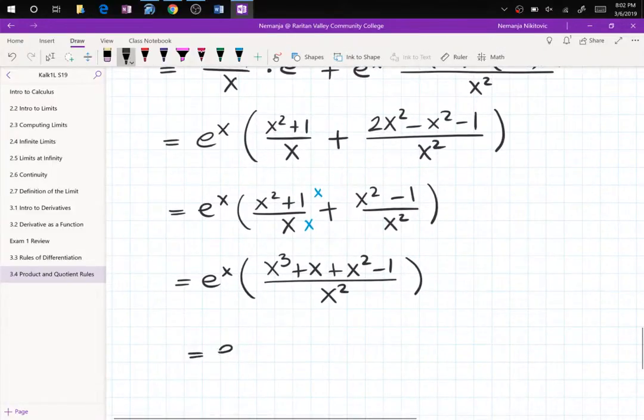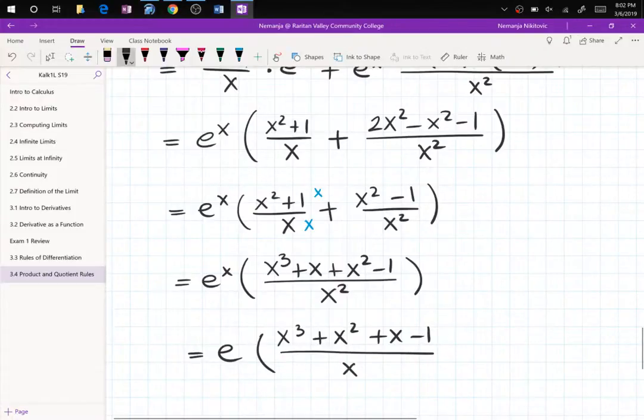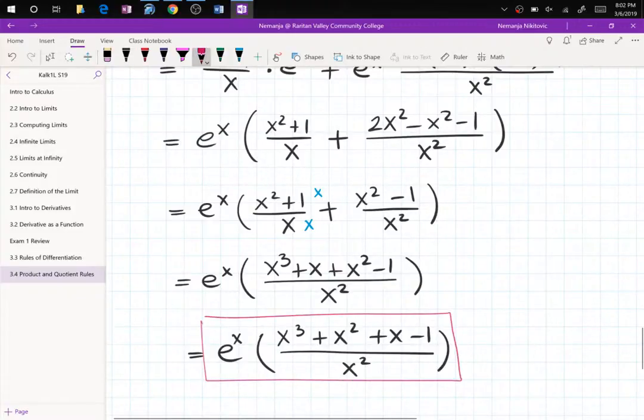And then we just put it in descending order. So x cubed plus x squared plus x minus 1 divided by x squared. And this should be the answer. Yes, thank you. Perfect.